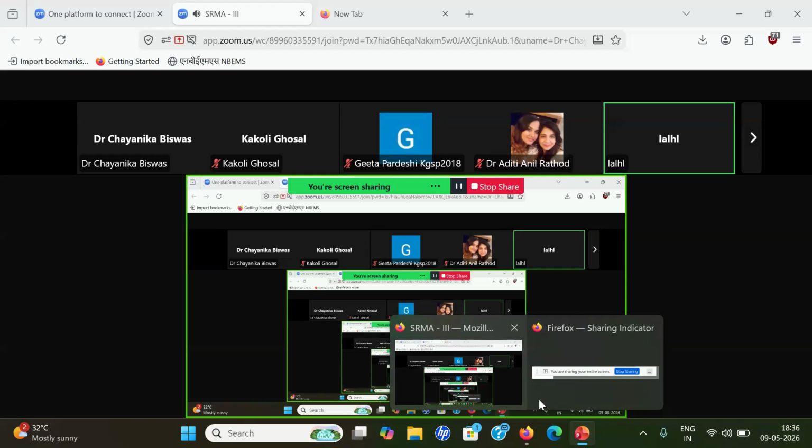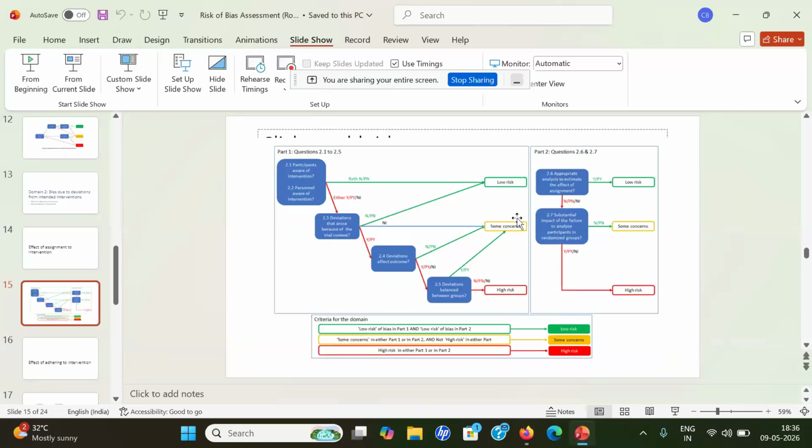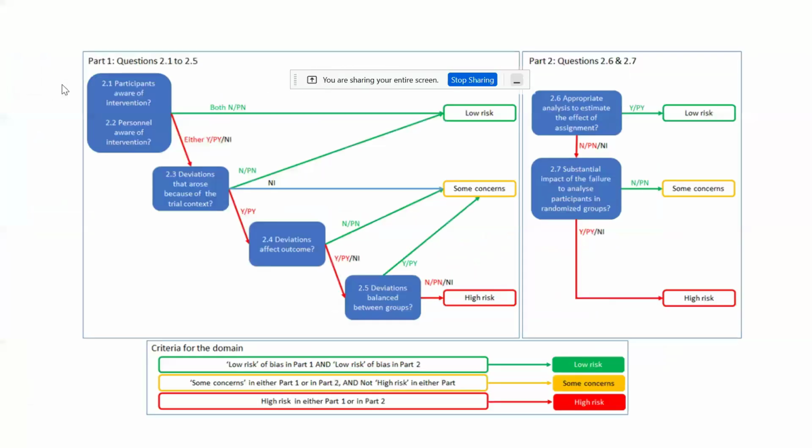Okay, so the common methods that are used for the analysis of randomized trials are the intention to treat analysis, and we also have the per protocol analysis or the as treated analysis.